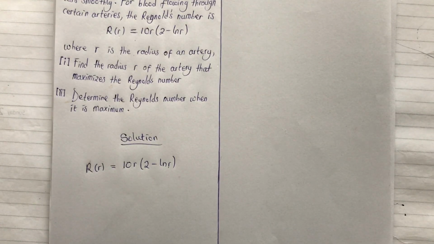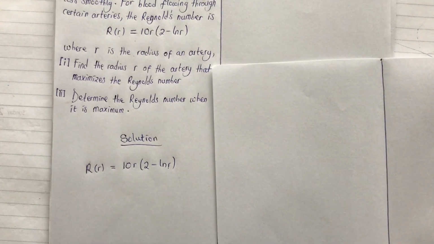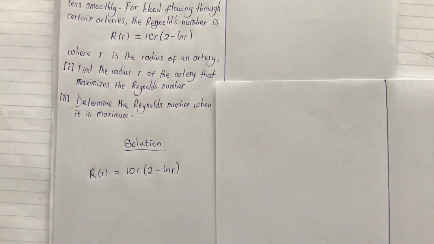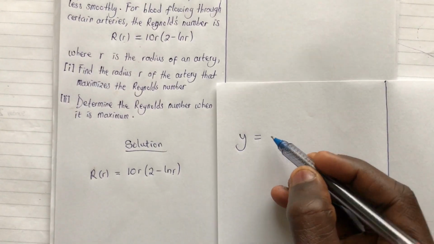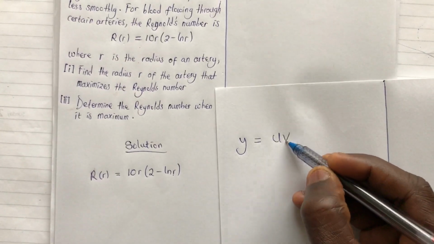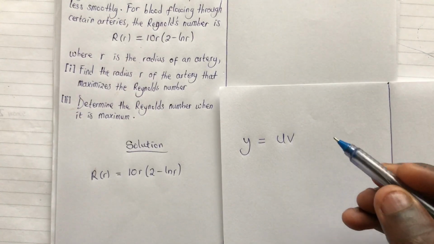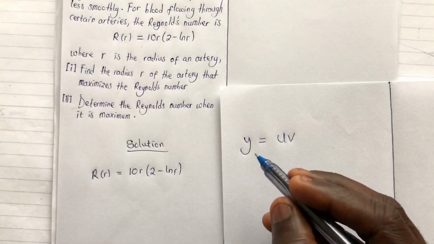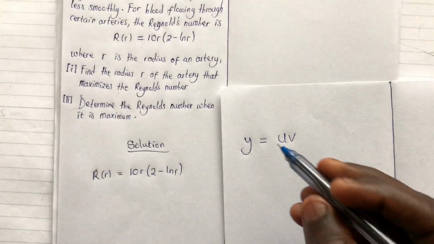So first, let me explain the product rule in differentiation. So let's assume that I have a function y = uv. Now u here is the first function and v here is the second function. Or let me use f(x) and g(x), because I'll be applying f(x) and g(x) here.